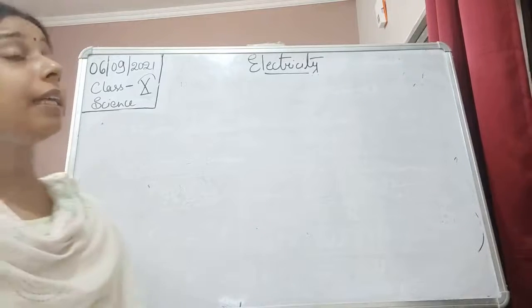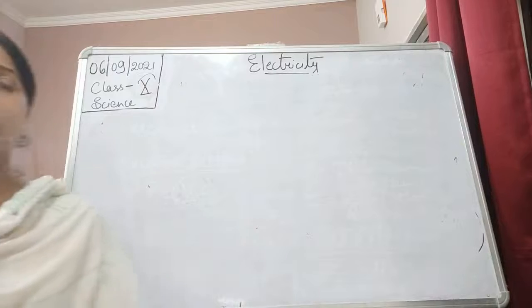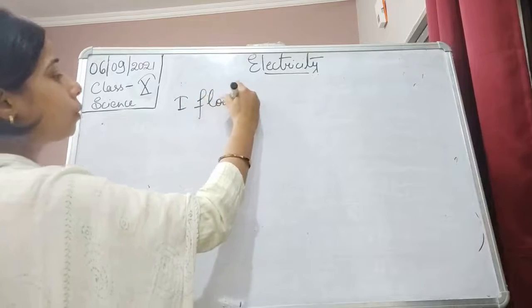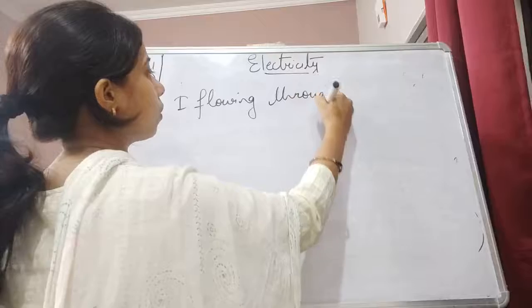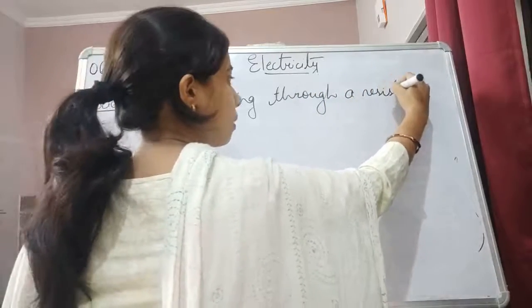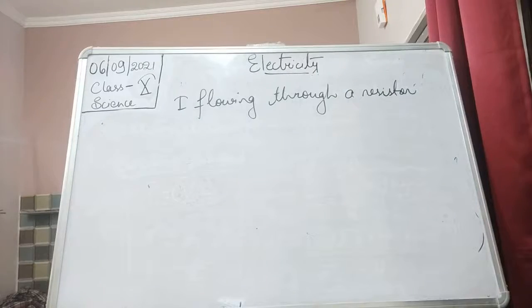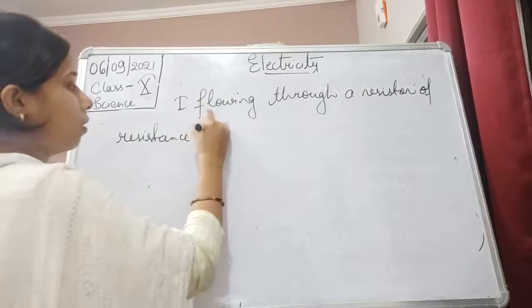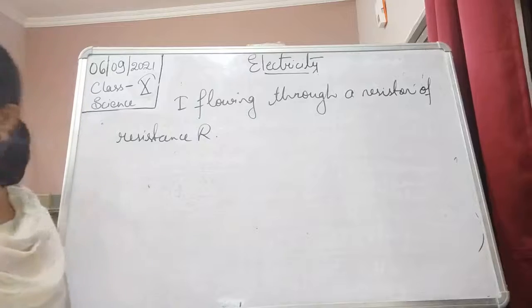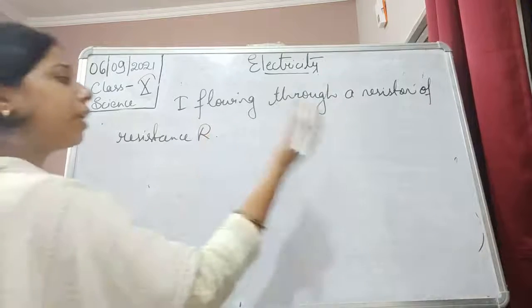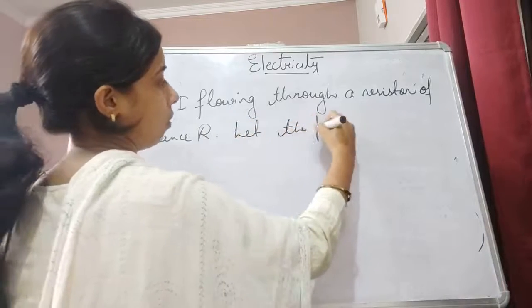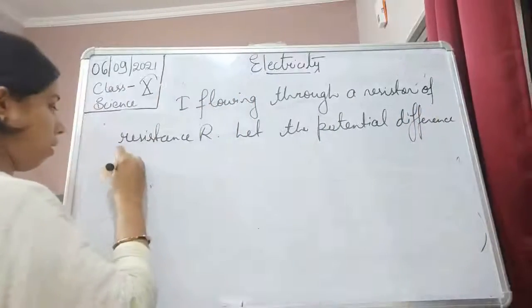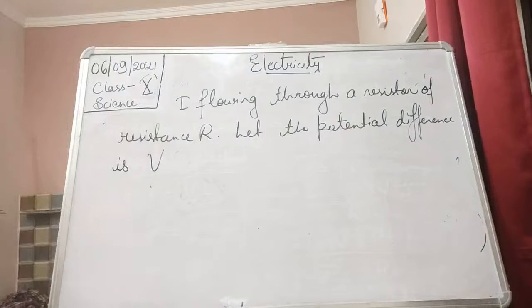Suppose a current I is flowing through a resistor of resistance R, and let the potential difference be V.